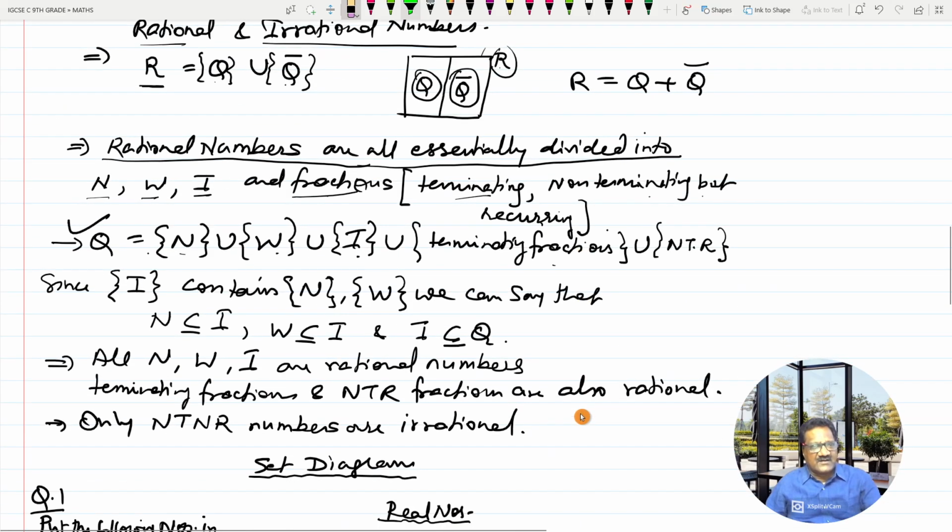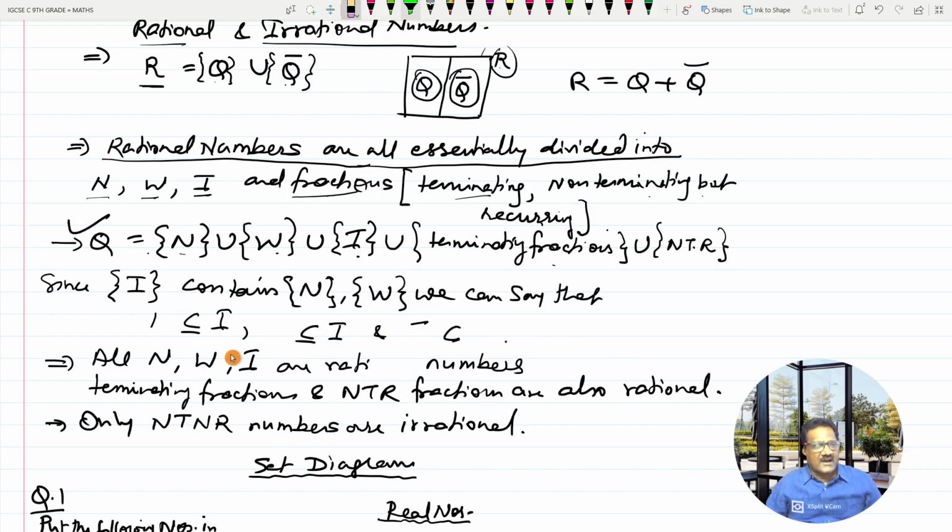Fine. Now why have I written it this way? Because integers contain natural numbers and whole numbers. So if it is an integer, then it is a natural number also and a whole number also. Therefore, natural number is a subset of integer. Whole number is also a subset of integer, and integer is a subset of rational number. So when integer is a subset of rational number, then whole number and natural number will also be subsets of rational number. That is this point.